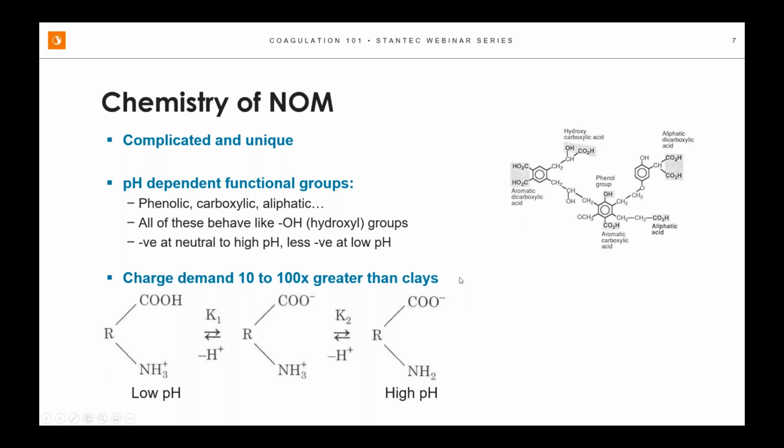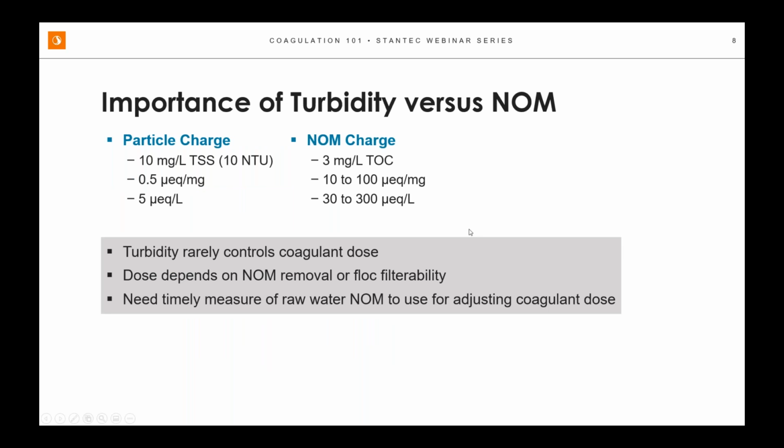And then the second thing that we'll talk about is that the charge demand of these organics tends to be 10 to 100 times greater than the charge demand that you would see in most waters from, say, clay particles. Okay, so if we took an example, if we looked at the particle charge on 10 milligrams per liter of suspended solids, and if that had a charge of half a milliequivalent per milligram, we'd have five charge units from the particles.